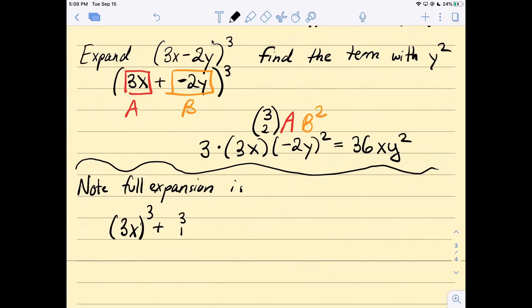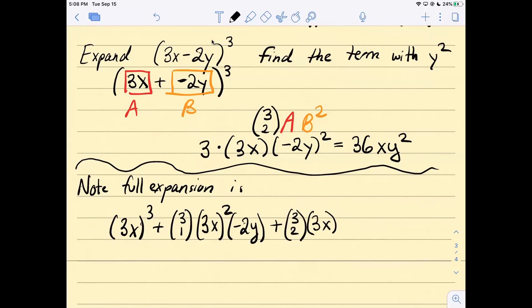So 3 choose 1, 3x in parentheses squared, minus 2y to the 1, plus 3 choose 2, 3x to the first times minus 2y to the third. And then the last one is 3 choose 3, which is just 1. Maybe I shouldn't write that one. Shouldn't it be to the second, not to the third? Oh, thank you. The last one will just be negative 2y to the third. Okay.